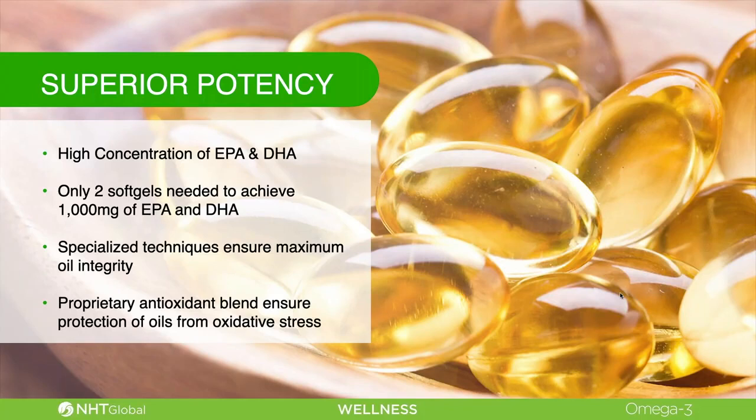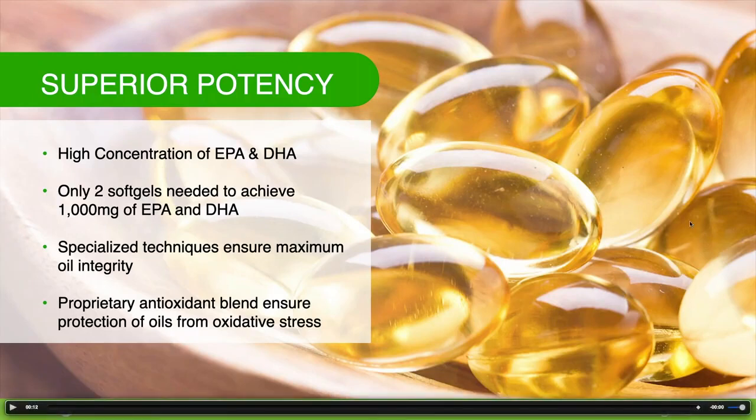And actually, we have an overage to ensure that we meet that level for the entire shelf life of the product. That shelf life is also tied into other techniques and aspects of antioxidants used to protect the oil, not only during the manufacturing, but also during the shelf life, knowing that it's not only good on day 1, but also at the end of its shelf life.